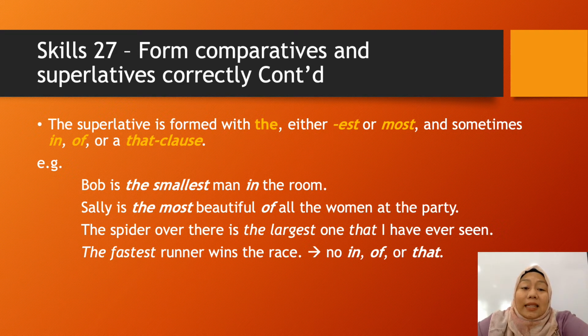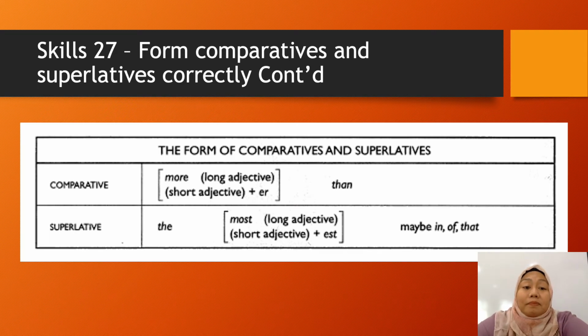Okay, let's take a look at the chart here. So, the form of comparatives and superlatives is this. Comparative is formed with more plus long adjective and then followed by than, blah blah blah, or short adjective plus suffix er followed by than, blah blah blah.